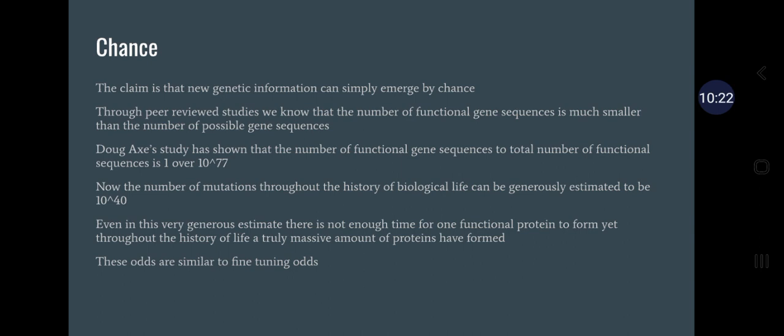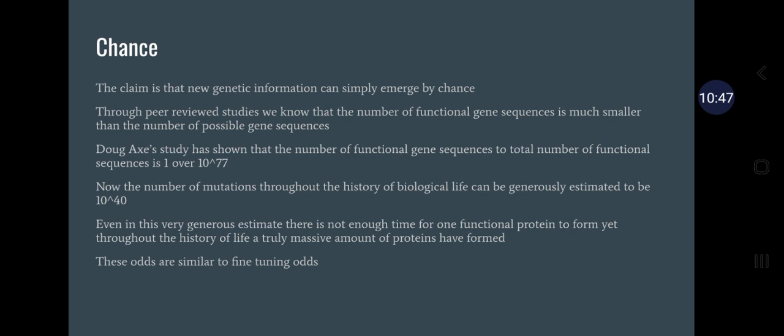Now, basically, let's give a very generous estimate. Suppose very generously that the number of organisms throughout history, total life forms, is 10 to the power 40, and a mutation takes place as each of those life forms emerges.